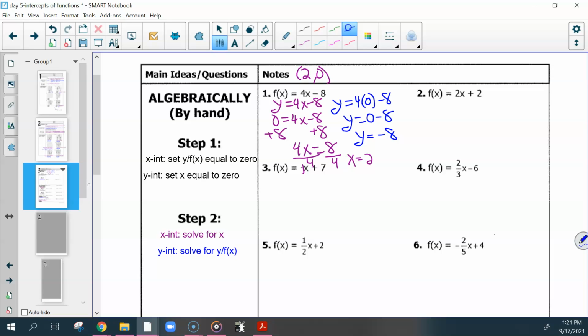If it's in this format, coefficient or number in front of x, and then a number by itself that doesn't have the x, whatever this number is always going to be your y-intercept. So you don't really need to solve for it if it's in that format. You can just look right there, that's the y-intercept, and write it down.